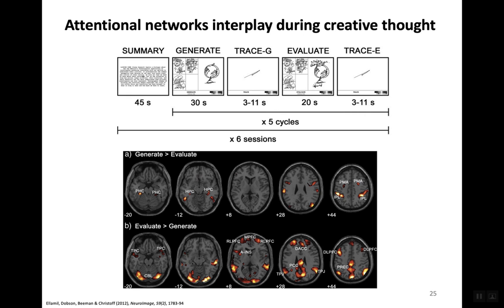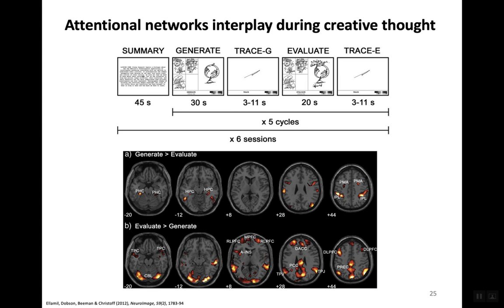More interestingly, though, when the contrast between evaluation and generation was performed, when we look at brain areas that are more active when evaluating than generating on drawing, then not only did areas of the attentional network come into play, but also areas of the default network.